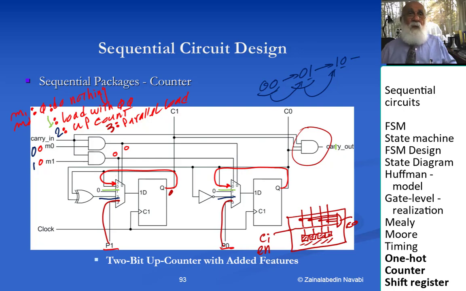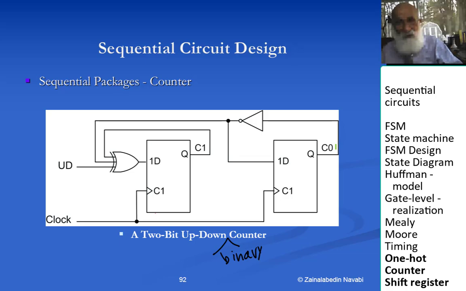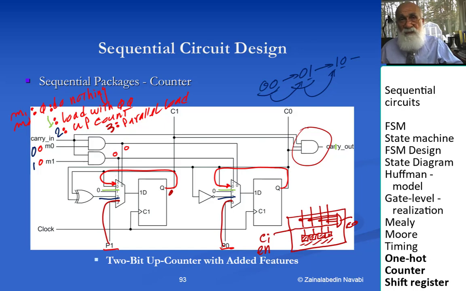Alright, so why do we talk about counters? Well, we talk about counters because we have already done the state machines, we have built the state machines, and we have built Mealy machine, Moore machine, but then we are talking about more abstract packages. Abstract packages for sequential circuits are counters, shift registers, and perhaps a memory file or something like that.